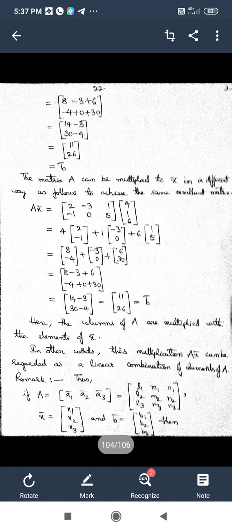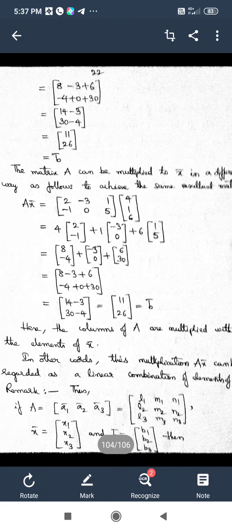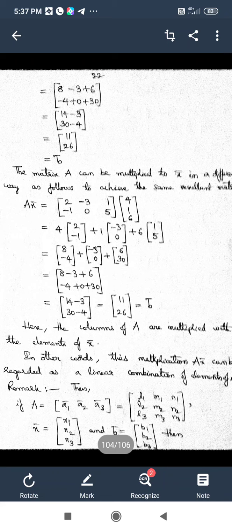Remark. At this juncture, let us see the remark, the extract that we can get from the above explanation. Thus, if A is equal to A1 bar, A2 bar, A3 bar, a matrix consisting of 3 column vectors, then that is equal to the matrix with rows L1, M1, N1; L2, M2, N2; L3, M3, N3.